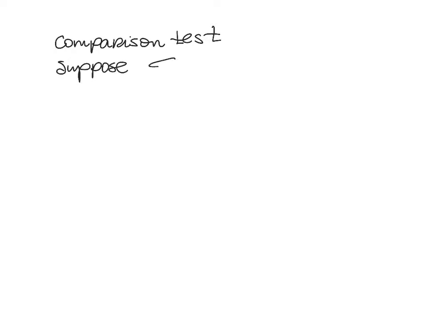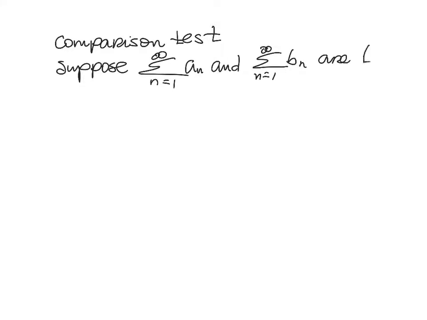So here's the setup for comparison tests. Suppose that the series, it doesn't matter where it starts as long as it's defined, series n equals 1 to infinity a sub n, and another series n equals 1 to infinity b sub n are both positive term series.